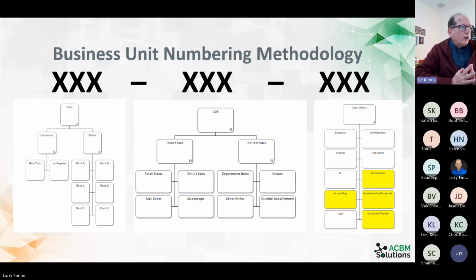So each one of these things, and this is a part that sometimes can be a little bit difficult, defining what is a department, what is a location, what's a line of business. It sounds easy, but quite often it's not. And sometimes we'll find situations where somebody said, well, in my current chart, the last 3 positions stand for department, except for when they don't.